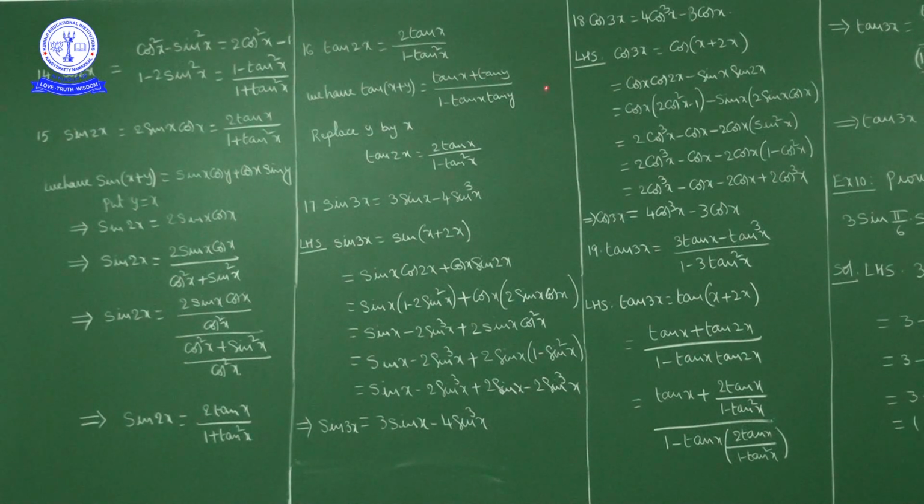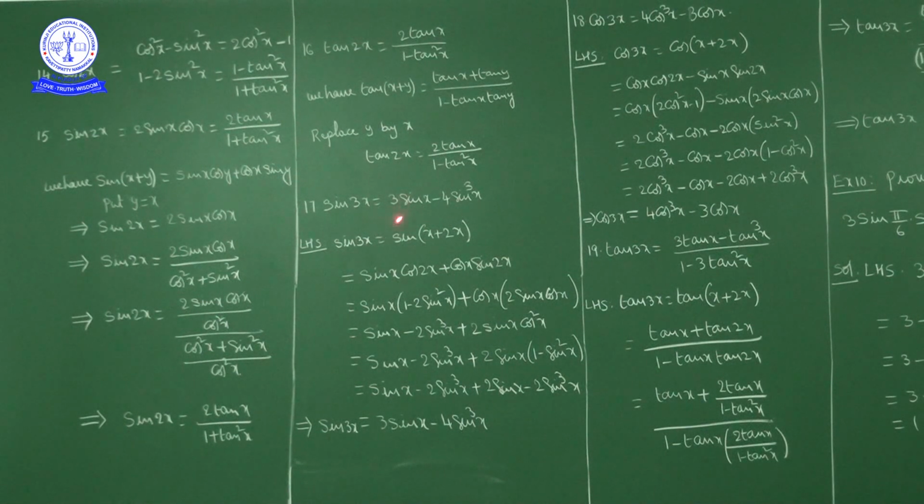Next, tan 2x formula is 2 tan x upon 1 minus tan square x. These are sin 2x, cos 2x and tan 2x formulas. Next, we will discuss sin 3x, cos 3x and tan 3x formulas.